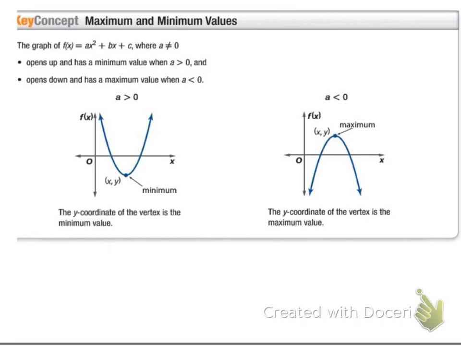Now, how is this to our advantage, or what kind of things are we going to be asked to do? It's going to say, hey, here is a quadratic. Can you state the max or min values? So this is how I want you to state this.